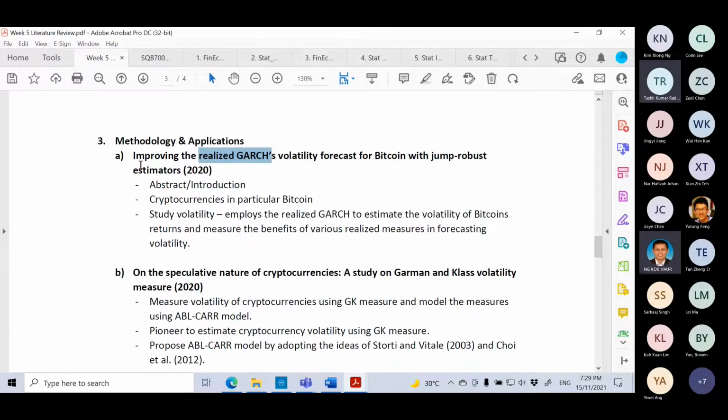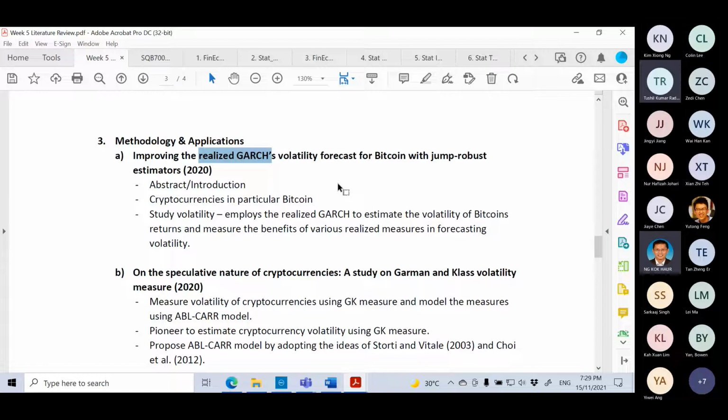So in this paper, the main topic is that they concentrate on Bitcoin. Maybe these techniques were applied to other data sets, but never applied to Bitcoin, so they can apply them to Bitcoin here.